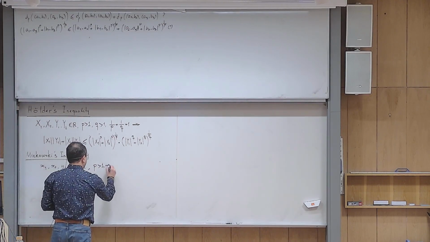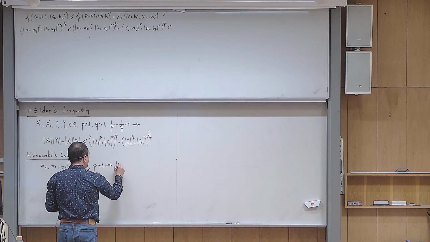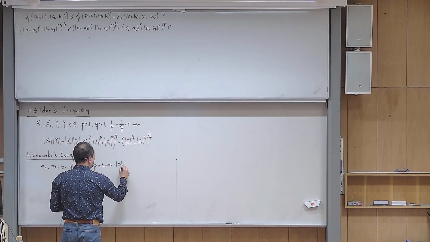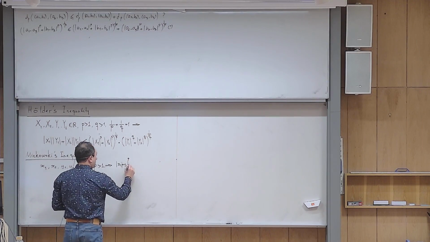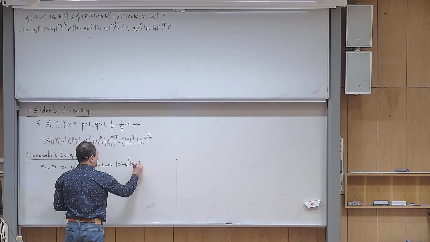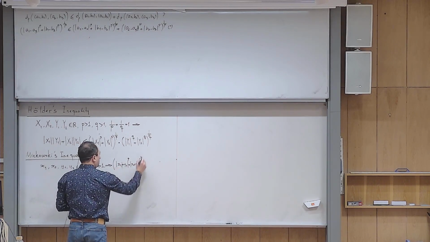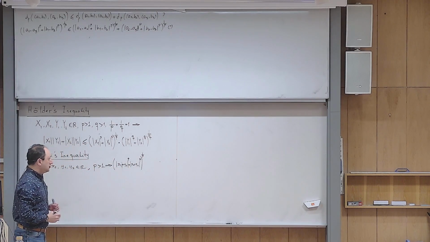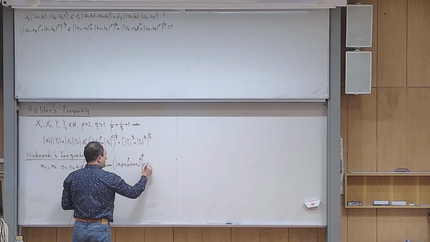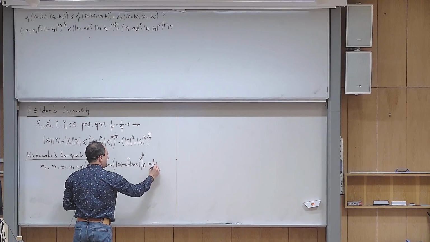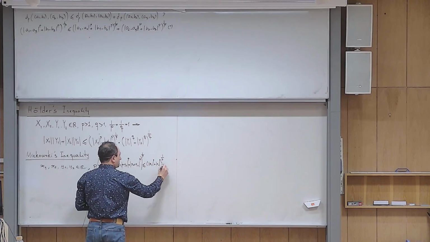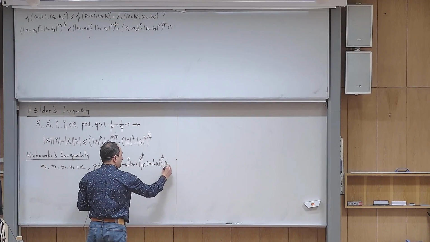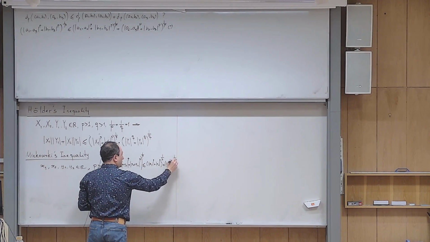And then we want to prove that the absolute value of x1 plus y1 to the power of p, plus the absolute value of x2 plus y2 to the power of p, and then to the power of 1 over p, is less than or equal to the absolute value of x1 to the power p plus the absolute value of x2 to the power p, to the power of 1 over p, plus, this is addition again, the absolute value of y1 to the power of p plus the absolute value of y2 to the power of p, and then to the power of 1 over p.